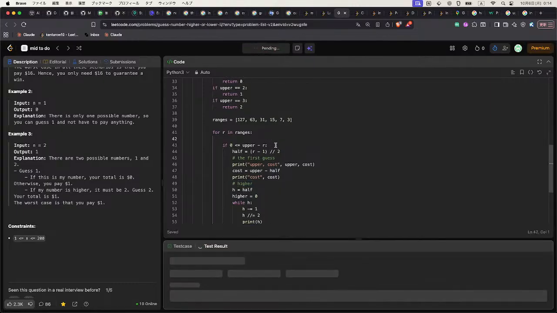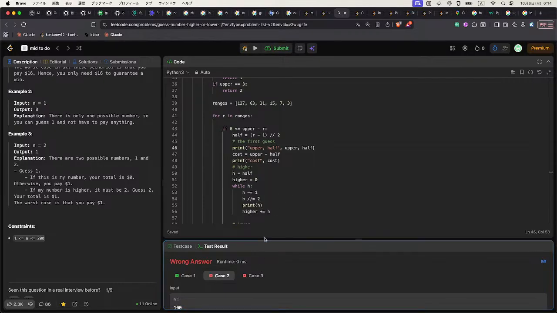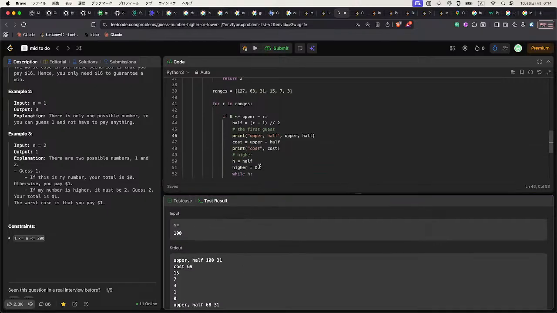Upper cost is half. Initial cost is 69. Correct.